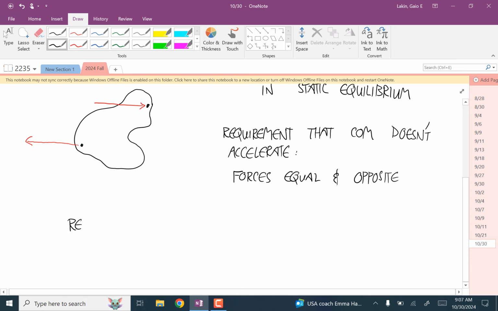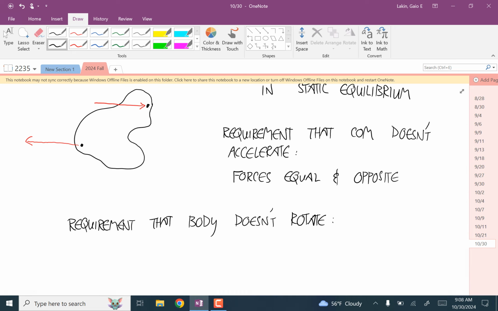So the requirement that the body doesn't rotate. Well, what would that require? We need the couple to be zero from these, right? These equal and opposite forces in general produce a couple. We need that couple to be zero.